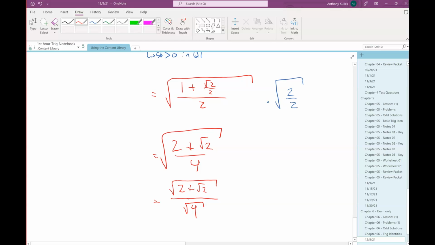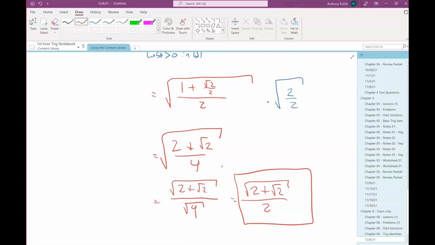And the square root of 4 is just 2, right? And that's as good as we can do. What do you think? Not so bad, right?